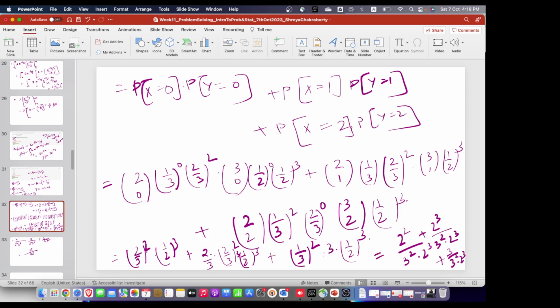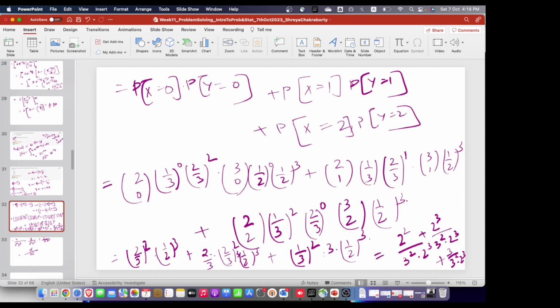This is 4 into 3c0, which is 0. This is 4 plus this is 2c1, so 2 into 1 by 3 into 2 by 3 to the power 1, sorry.